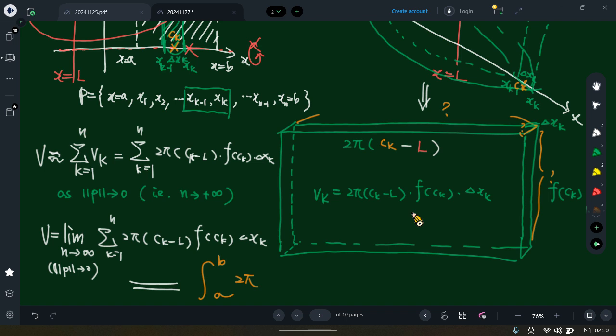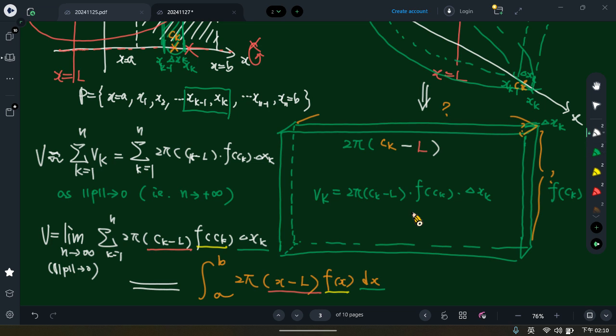So you can see the result will be 2 pi times (x minus L), then f of x times delta x. So you can have a mapping. Here is here, right? And f of ck will be converted to f of x. Then the last one, delta sk, will become this one. So this is the final formula.